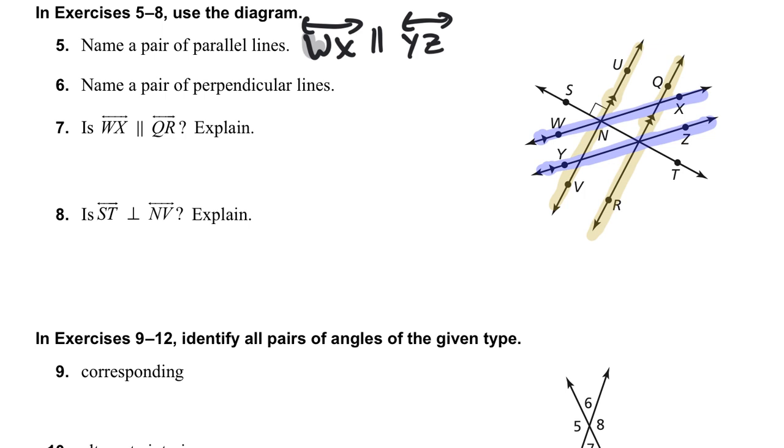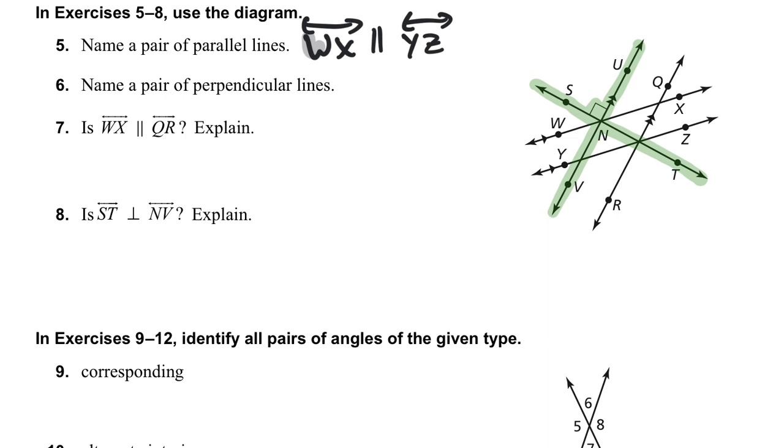Name a pair of perpendicular lines. So I'm going to erase what I have right here, and let's just focus on the perpendicular symbols. I only see one perpendicular symbol, so we can't assume anything else is perpendicular. My perpendicular symbol shows these two lines right here because of this symbol. There's no other lines right now.